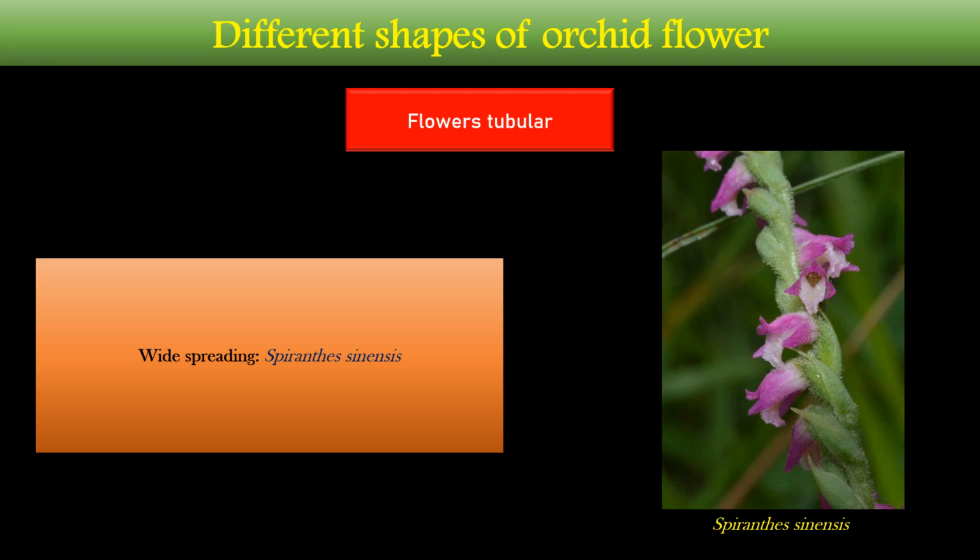This particular orchid used to be seen in some parts of Odisha, but due to urbanization, habitat clearance and other factors, it is now very low in population. But it has a very unique type of flower structure, so you can also identify this orchid through its tubular structure.